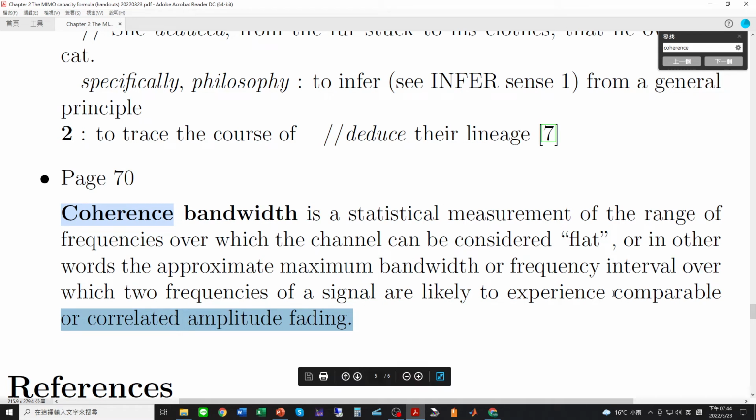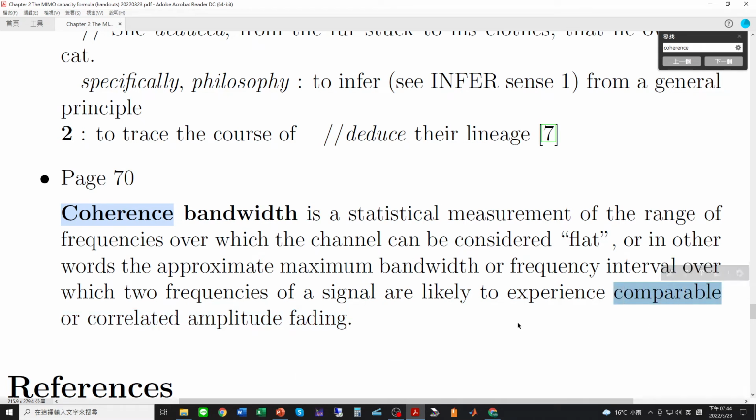Okay, what is the meaning of the word comparable? If you translate it to Chinese, it means 可比较的. But what is the meaning of 可比较的?